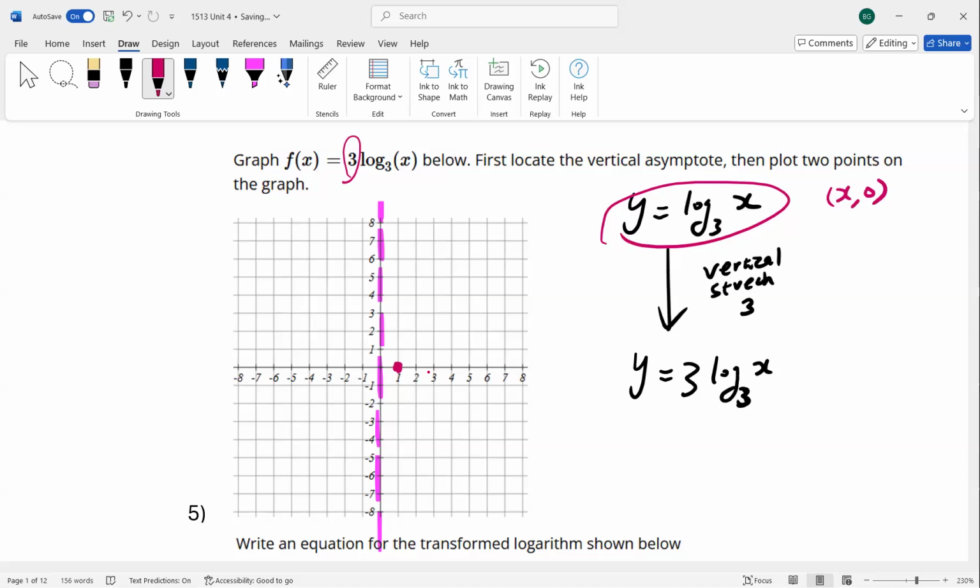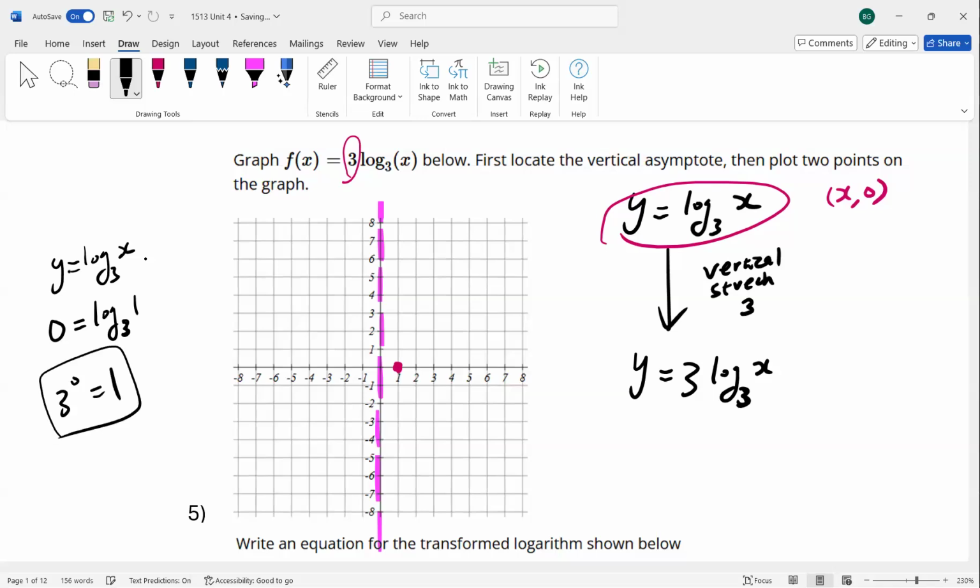Because, let me explain. y equals log with base 3 of x. When x equals 1, y has to be 0. That's the x-intercept for a log function. We can convert it to exponential form, 3 to the power of 0 equals 1, and this is a true statement we are familiar with.